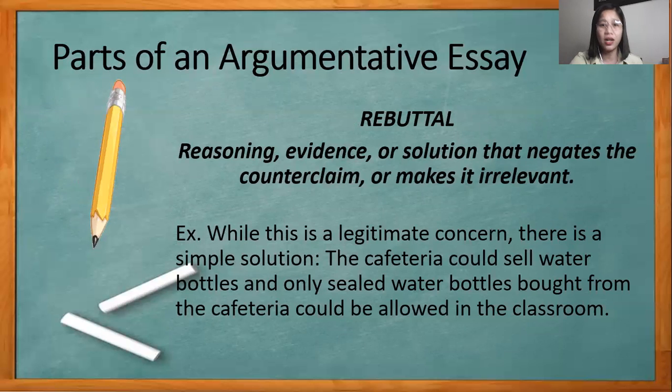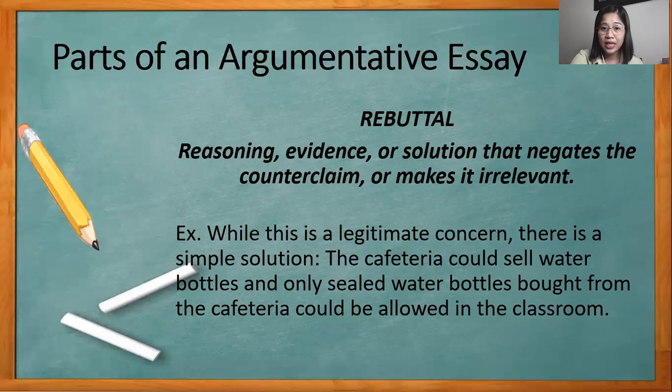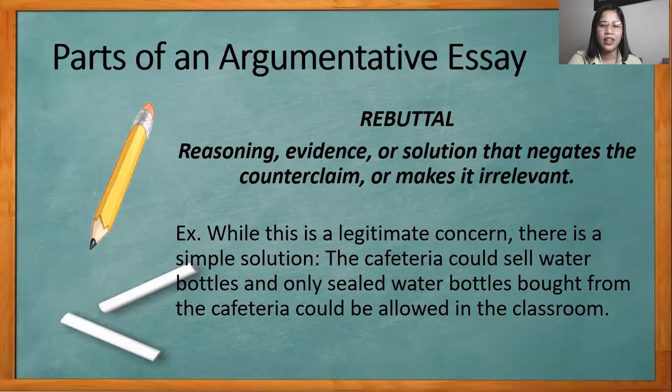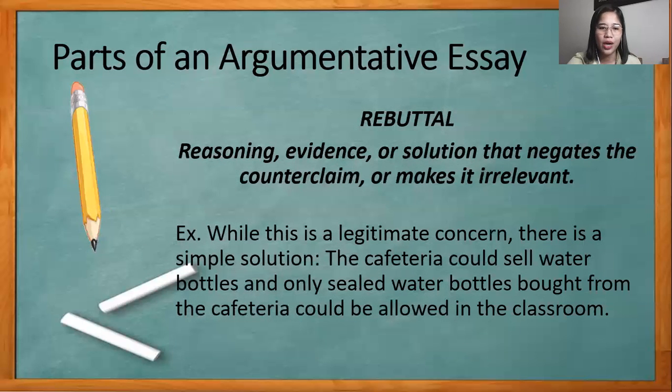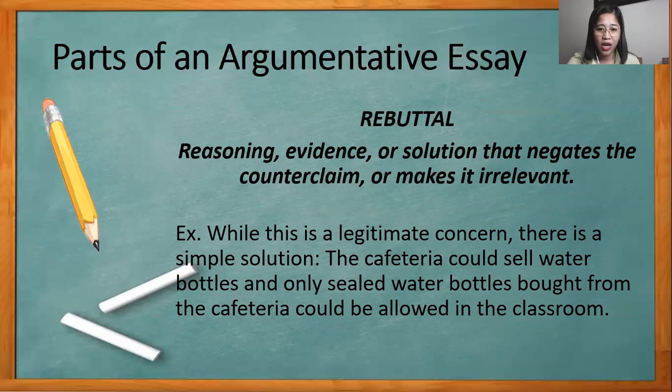And we will rebut our counterclaim using reasoning, evidence, or a solution that will negate the counterclaim, making it irrelevant. How? Say, for example, while this is a legitimate concern, there is a simple solution. You are providing a solution. The cafeteria should sell water bottles, and only sealed water bottles bought from the cafeteria could be allowed in the classroom.